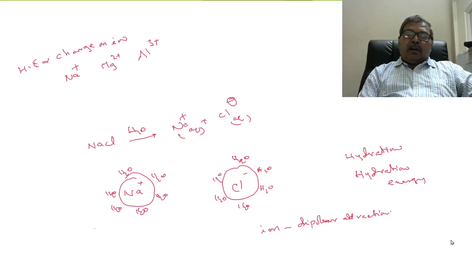Then the order of hydration energy is Na+ less than Mg2+ less than Al3+. Hydration energy is inversely proportional to size of ion.